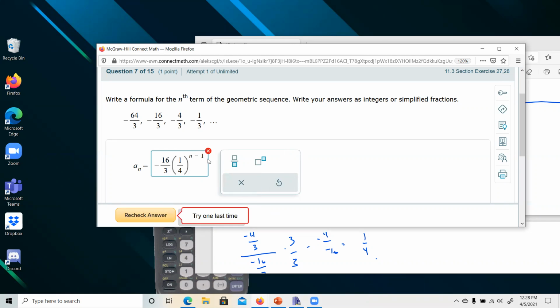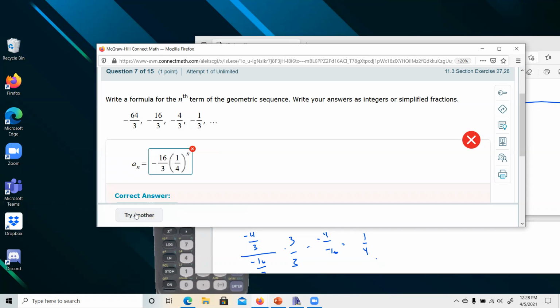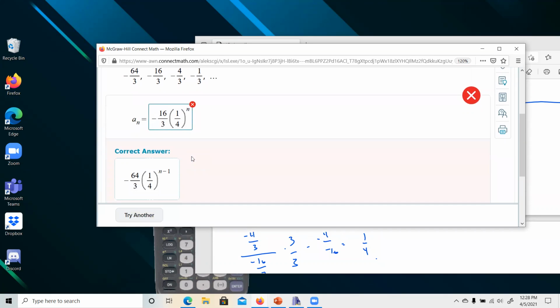And they really didn't like that either. Let's try that, because I have a feeling that's what they want. Oh, no. Yeah, we used one of the 4s up. What is our correct answer? Didn't I just say that?